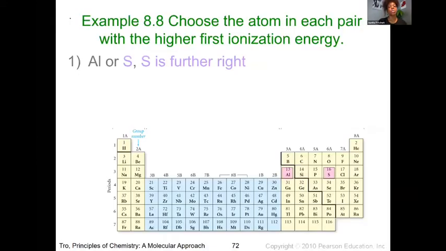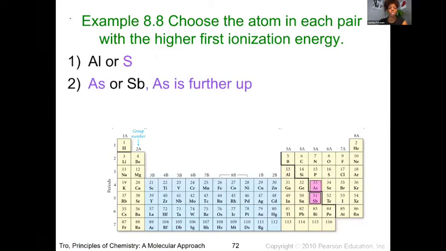If we wanted to do some comparison and make a prediction for aluminum versus sulfur, aluminum is found to the left, sulfur is to the right. So we would expect sulfur would require more energy to remove an electron. Between arsenic and antimony, Sb, you would expect that As would require more energy.